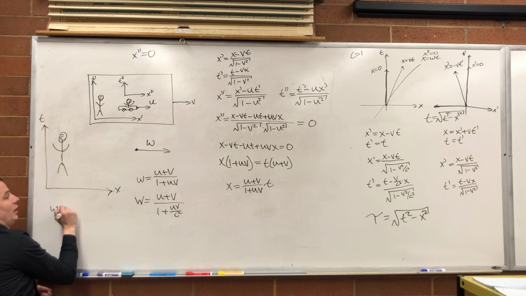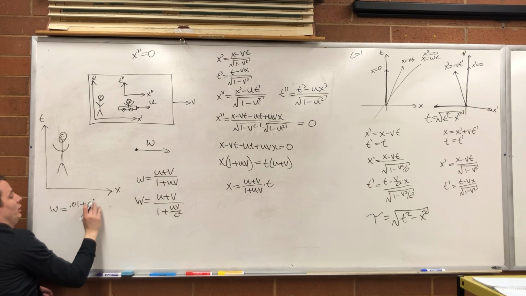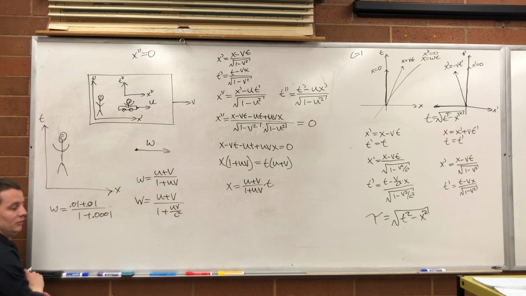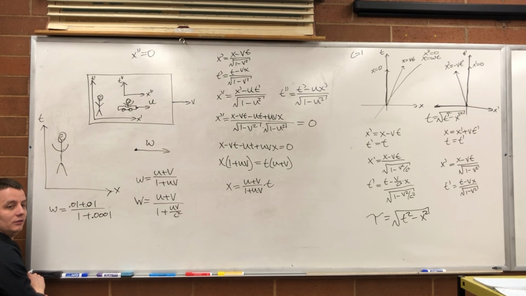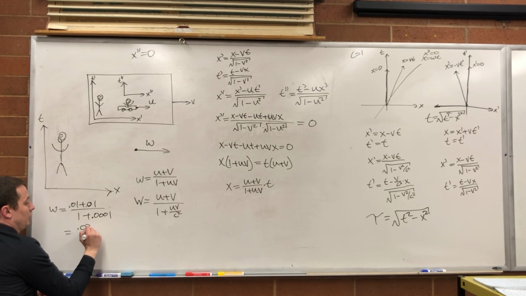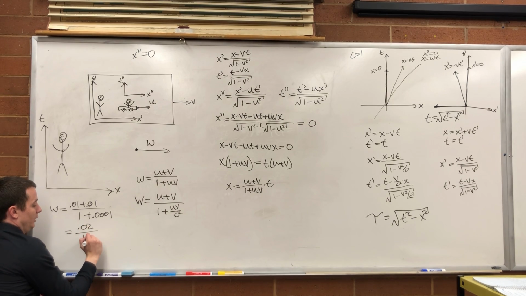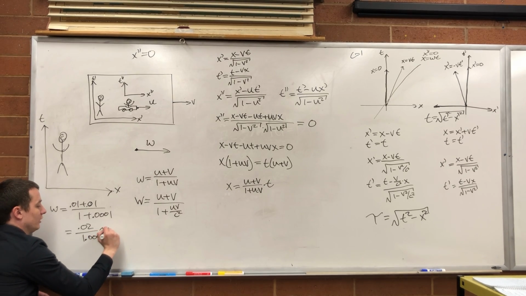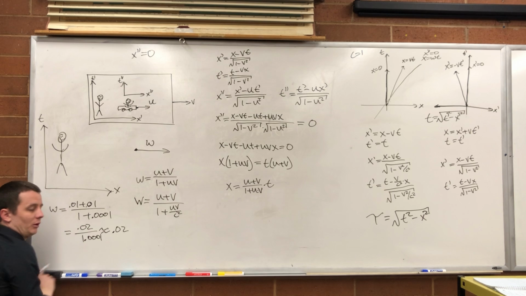So then w is equal to 0.01 plus 0.01, all over 1 plus 0.0001, which is 0.02 divided by 1.0001, which is essentially 0.02. Almost no difference.